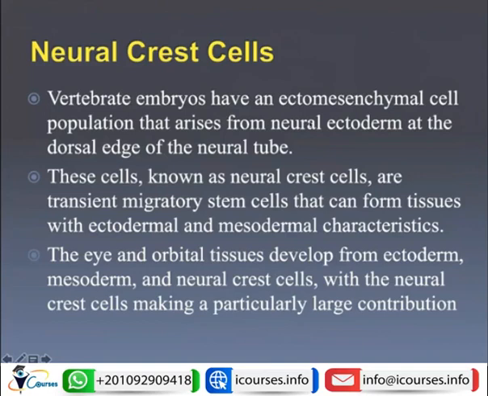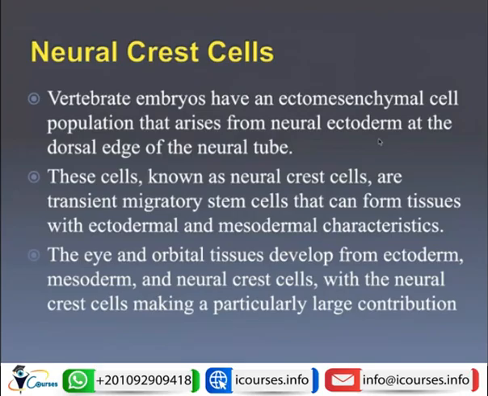So the neural crest cells are a unique feature that's present in vertebrates, like human beings, that develop from the neural ectoderm. So the ectoderm at the area of the neural tube is called the neuroectoderm.